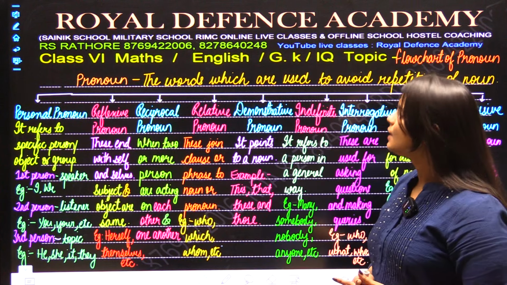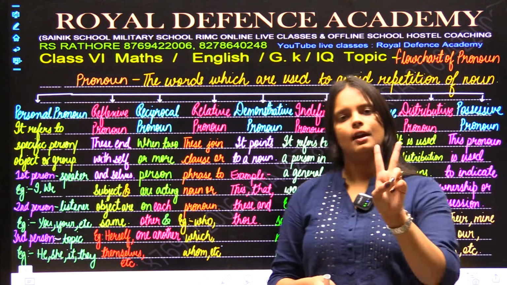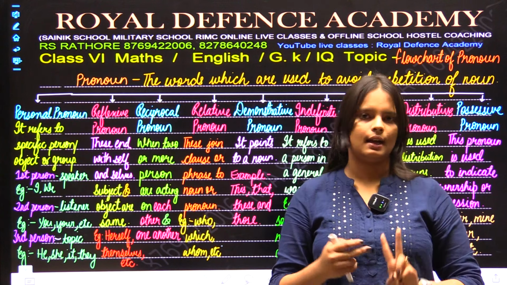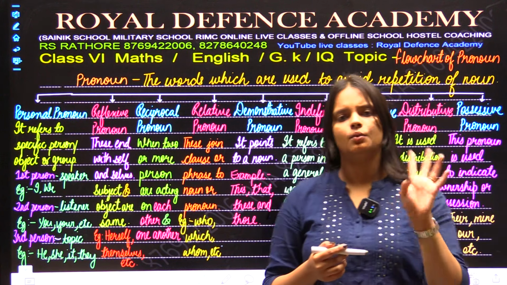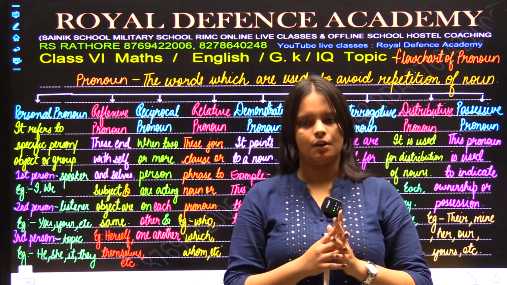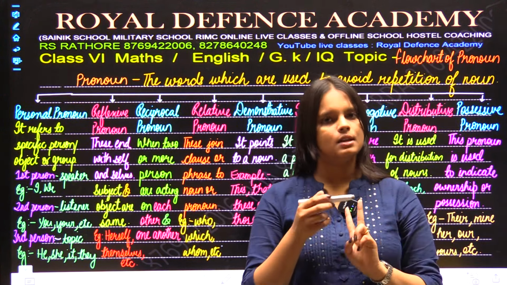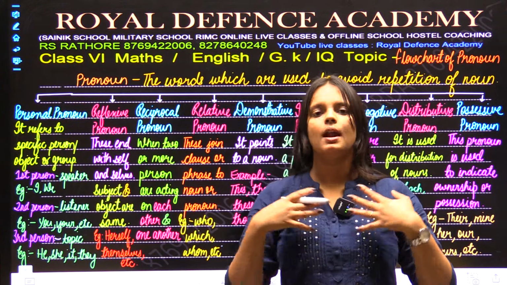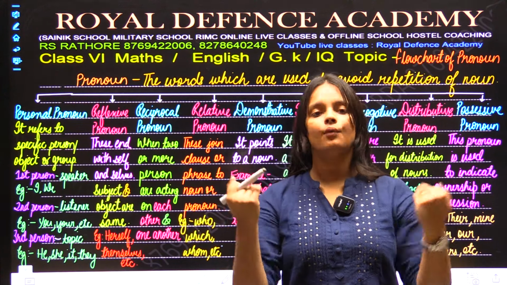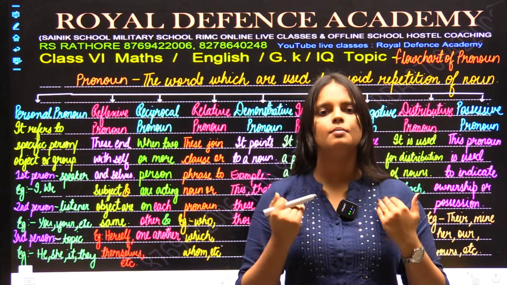Now the third is the reciprocal pronoun. There are only 2 topics in your syllabus, that is each other and one another. For example, I am pushing someone and someone is pushing me.